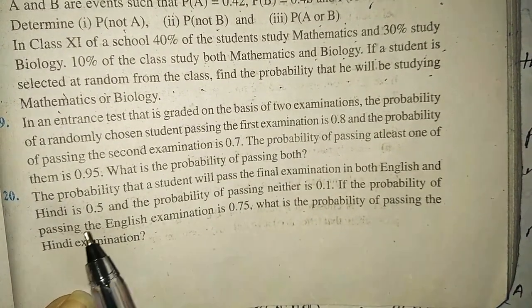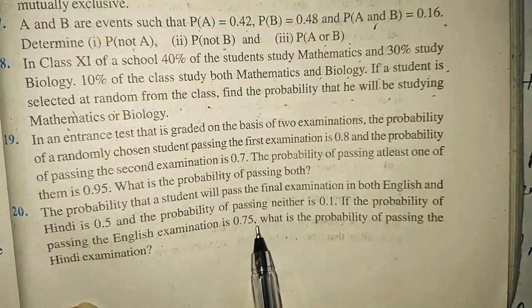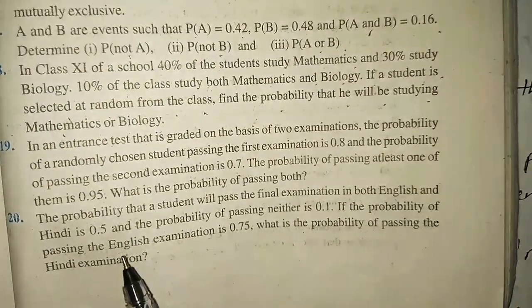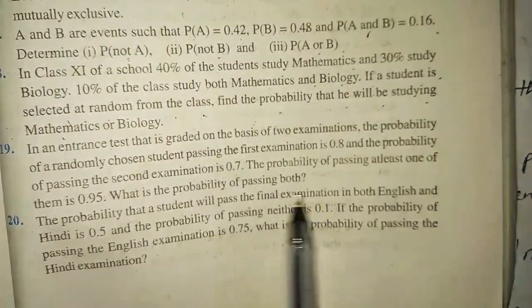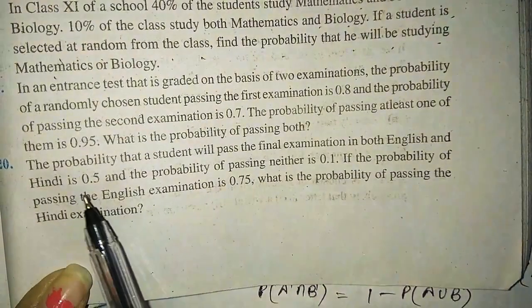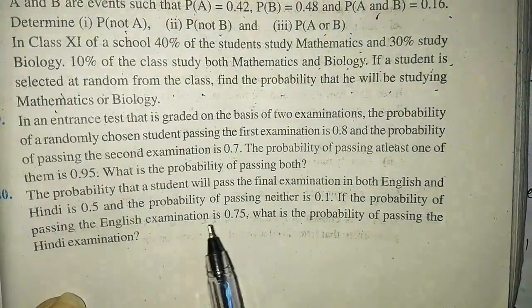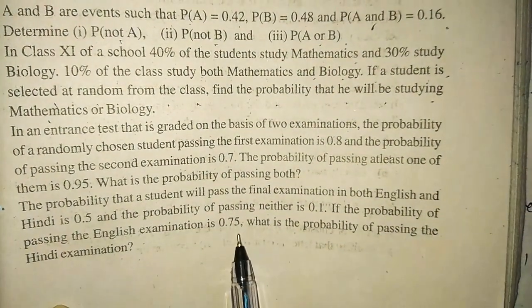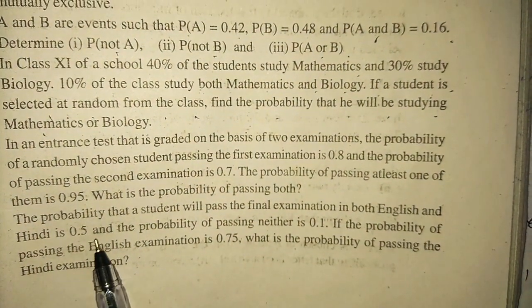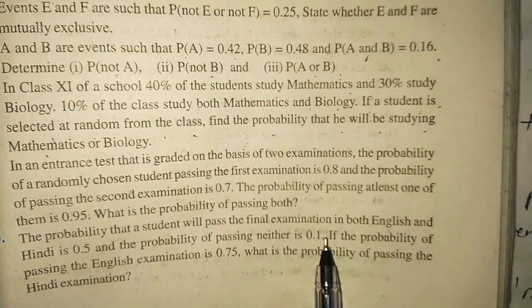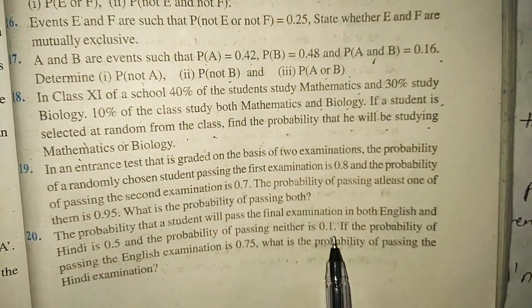If the probability of passing the English examination is 0.75, let A be the event of the student passing the English examination and B be the event of the student passing the Hindi examination. Then here P(A) is given. Here P(A intersection B) is given, and this is P(neither). Neither means he will pass neither in A nor in B.